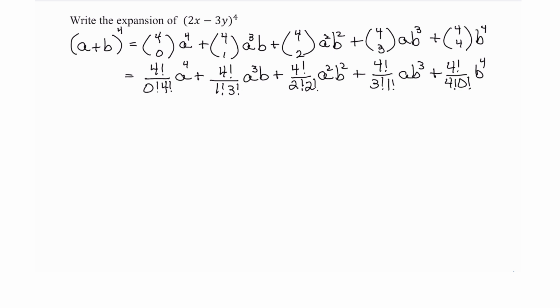Right, then we want to simplify these factorial notations. So 4 factorial divided by 0 factorial 4 factorial, we have common factor pairs of 4 factorials that are removed, leaving a factor of 1 in the numerator, and in the denominator, remember 0 factorial is equal to 1. So I just have 1 over 1, or 1 as a coefficient in front of the a to the fourth. So my first term is just going to be that a to the fourth.